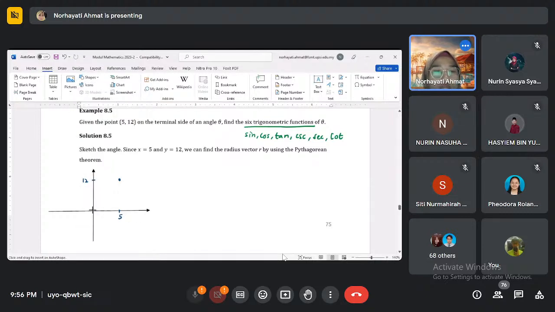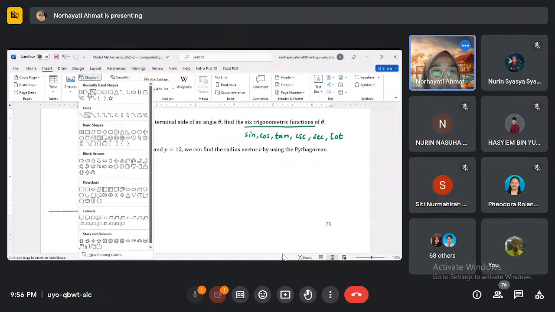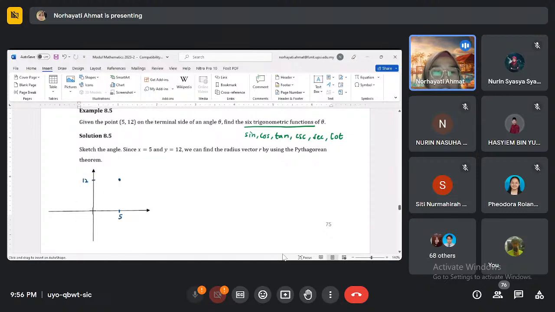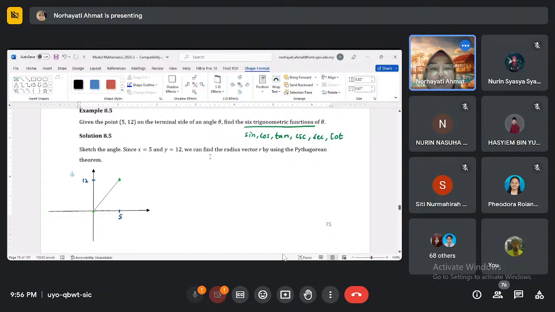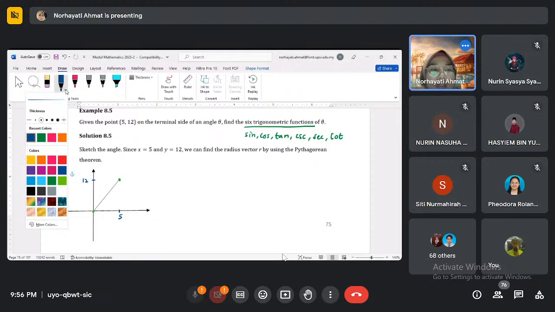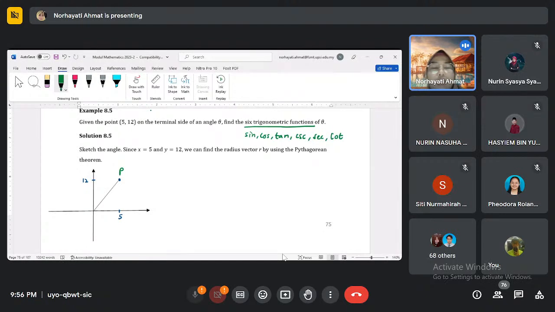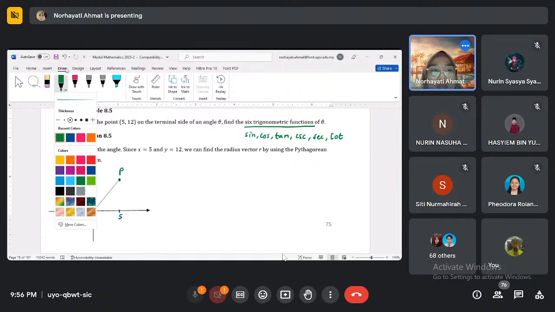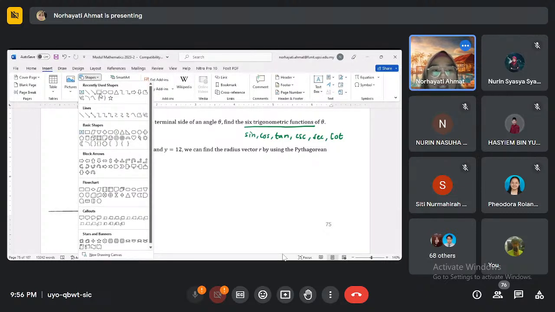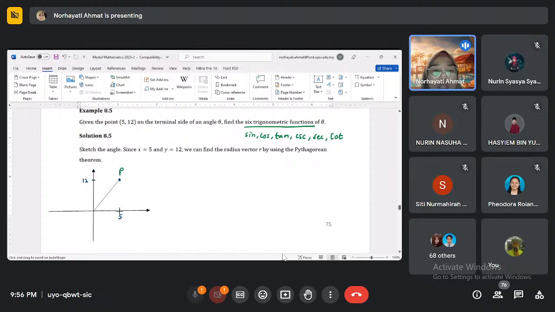So kita ada a line from origin to this point. Let's label this point as point P. Boleh tak kita lukis, dapatkan length untuk adjacent and opposite?